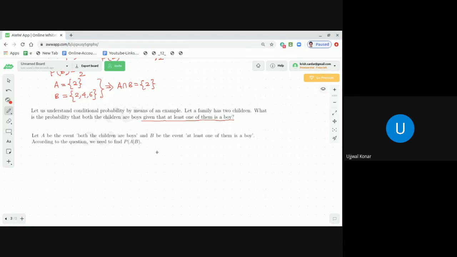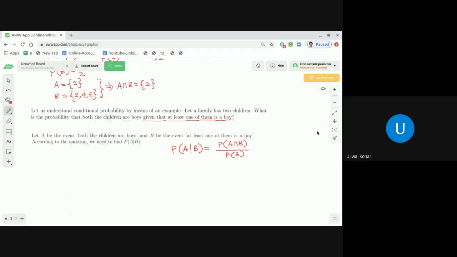Probability of A given B is equal to probability of A intersection B divided by probability of B. So all we need to find is the probability of A intersection B and probability of B. Now, the entire sample space has four outcomes. Let me show you what the entire sample space is.